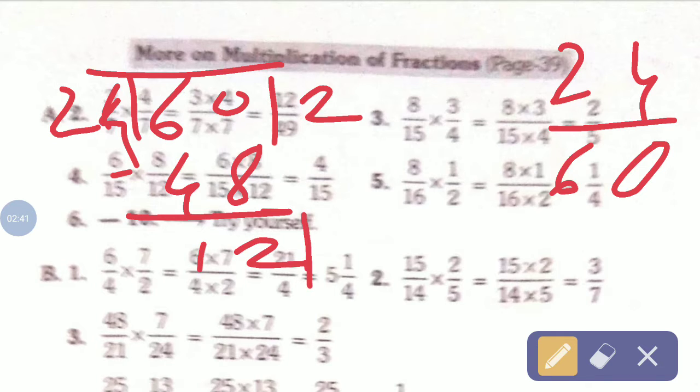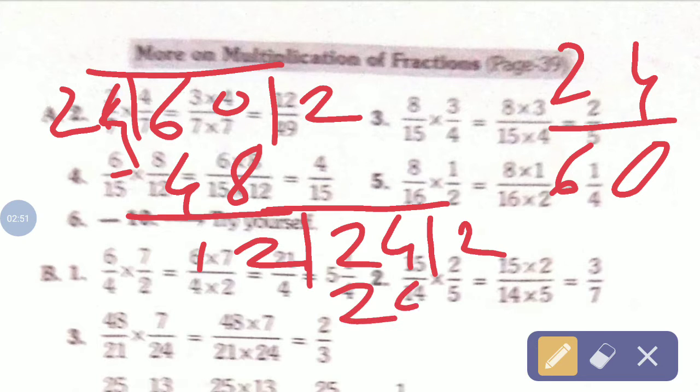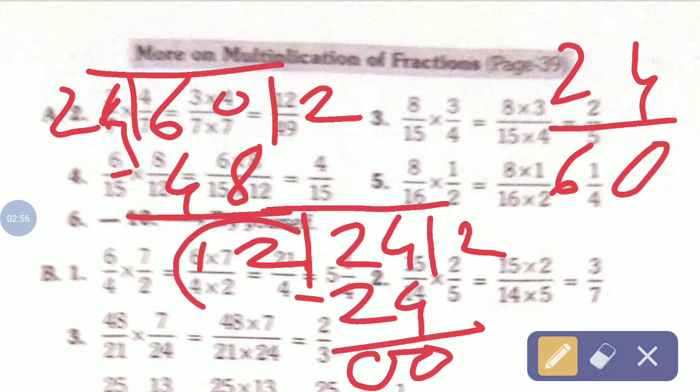As you will have 12 here, it is the smaller number, so your divisor will become your dividend. Then 12 2s are 24, and 24 minus 24 is 0. So this is your last divisor. 12 is your last divisor, so it is your HCF.